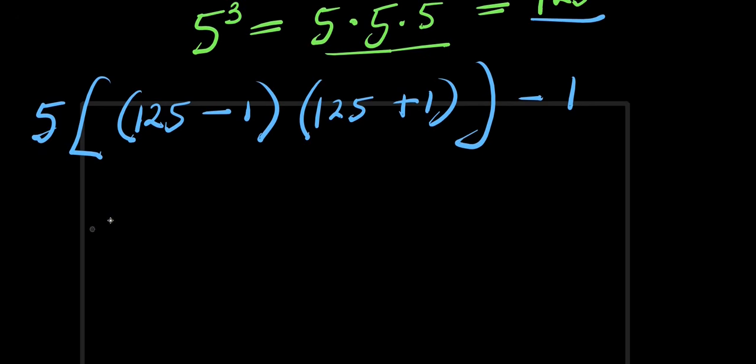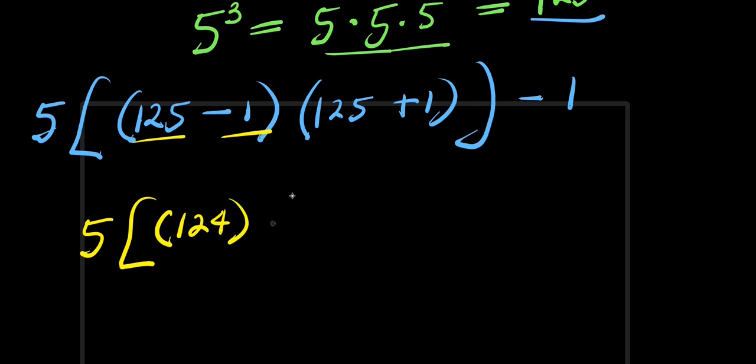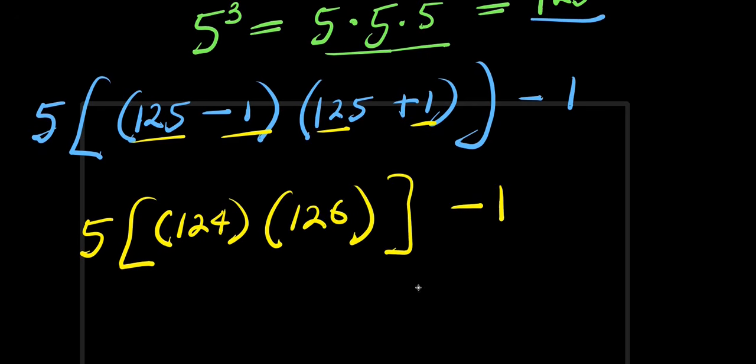So at this point, we can simply have 5 times 125 minus 1. This is 124. 125 plus 1, this is 126. Then I have minus 1.